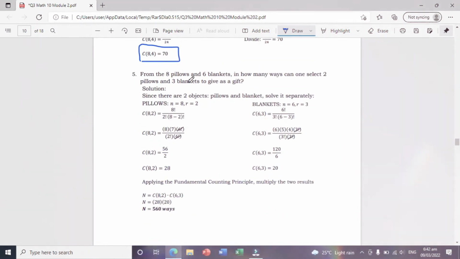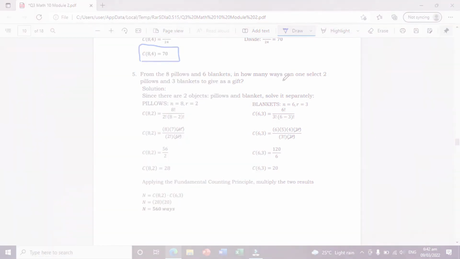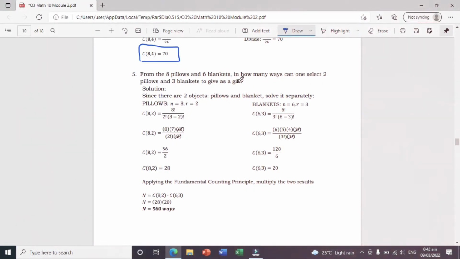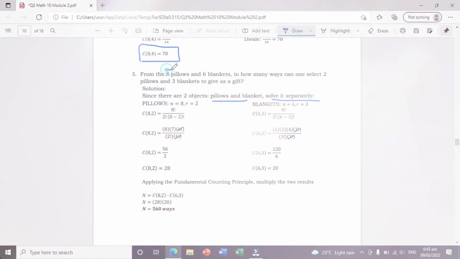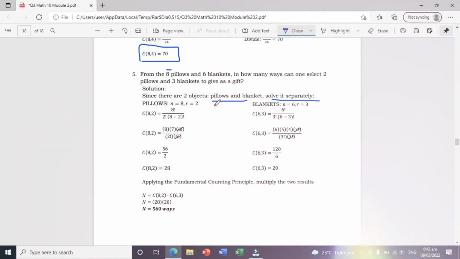Number 5. From the 8 pillows and 6 blankets, in how many ways can one select 2 pillows and 3 blankets to give as a gift? Solution: there are 2 objects, pillows and blankets, so we're going to solve it separately first. For the pillows, how many pillows do we have in all? 8. And how many will we select out of the 8 pillows? 2.